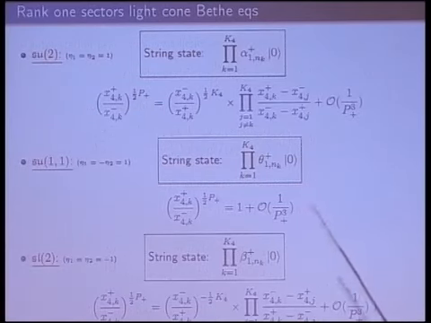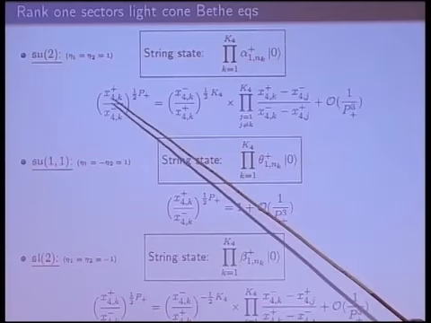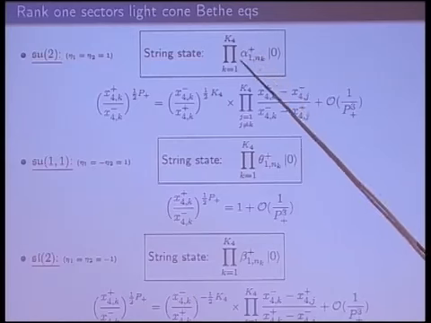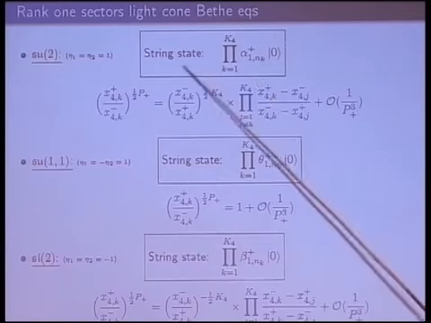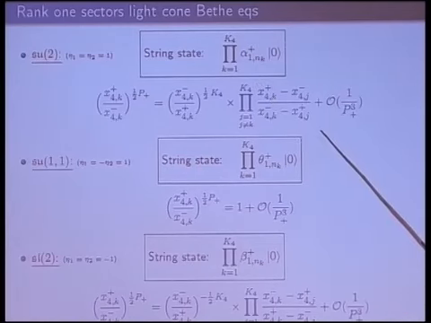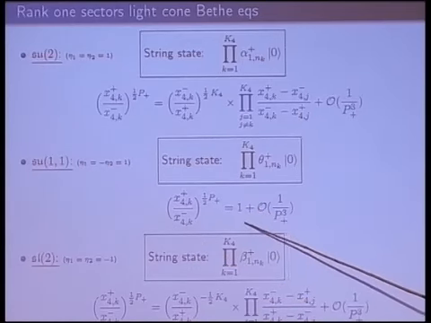So this is simplest for the rank 1 sectors. SU2 would be a string excitation which only takes these alpha 1s, and the set of beta equations is then this one here. Particularly nice is the SU11 sector, because there the right-hand side of the beta equation is just trivial, just 1.